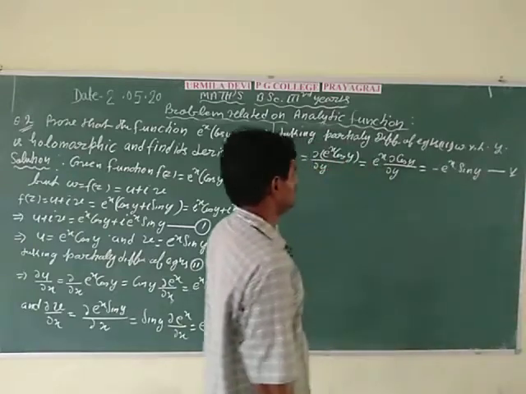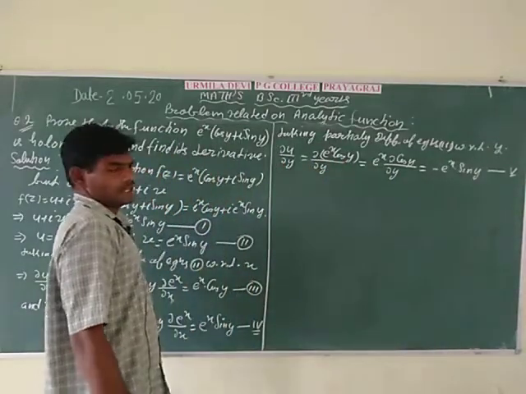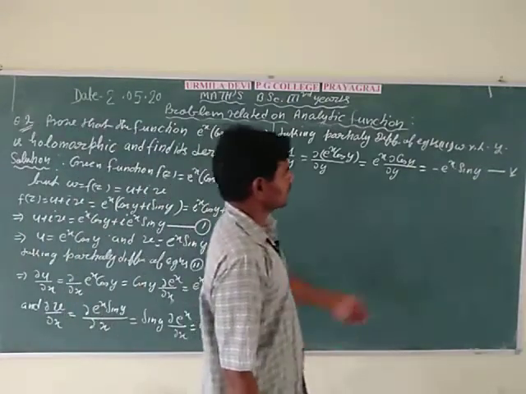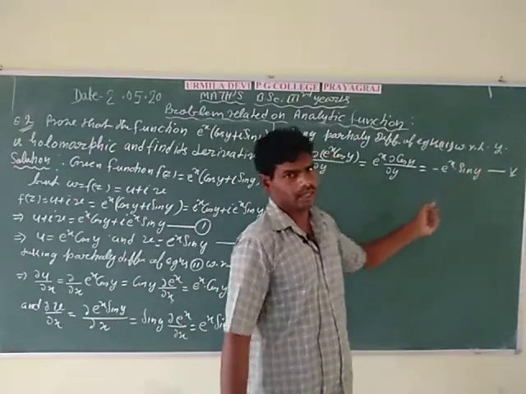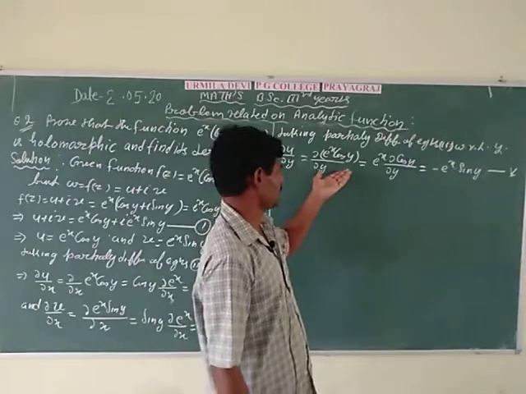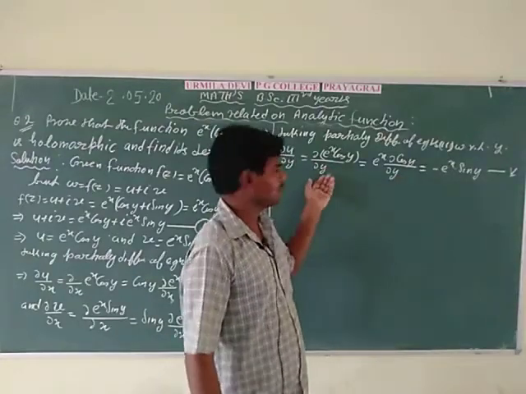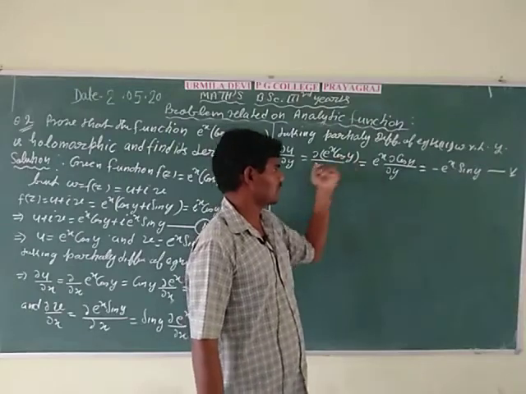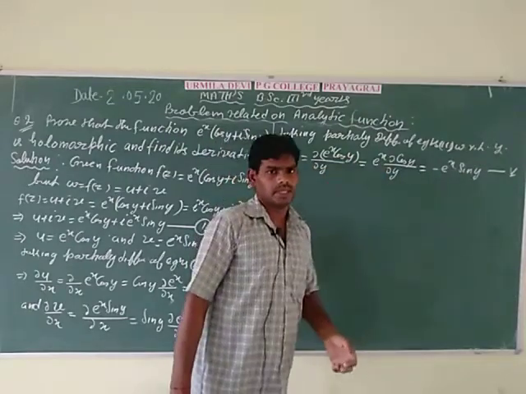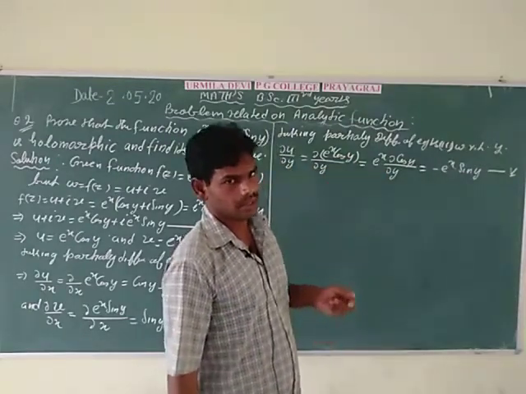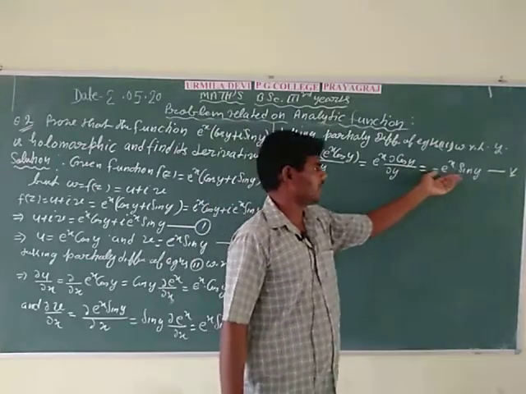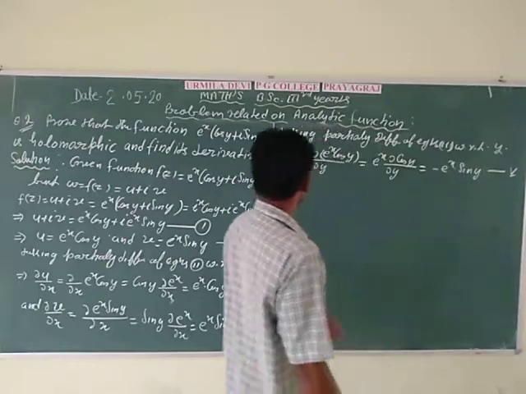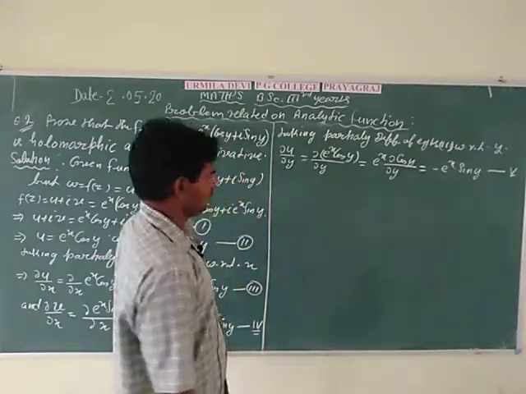So in equation 5th, partial differentiation of real value u is equal to minus e to power x sin y, because e to power x is constant, so taken outside, and only differentiation of cos y is taken, which is minus sin y.